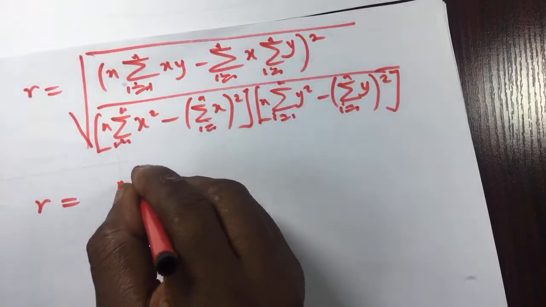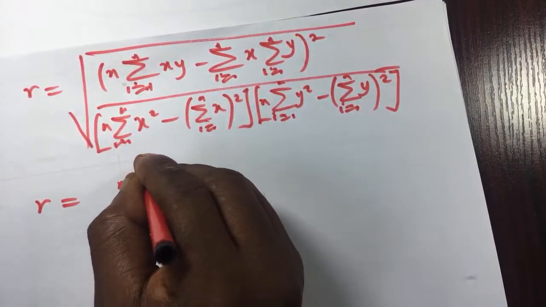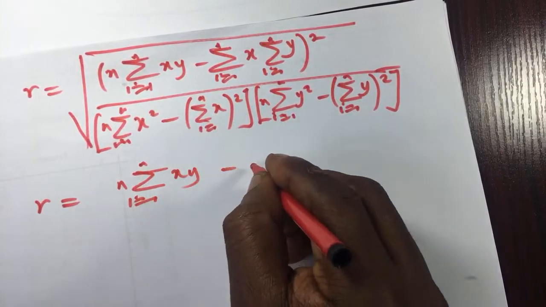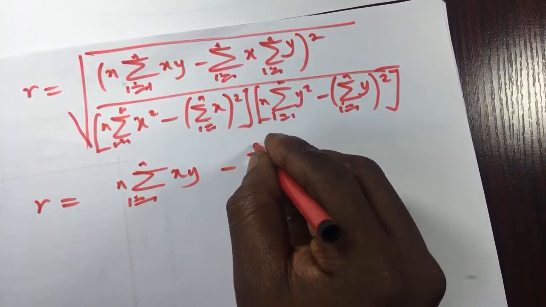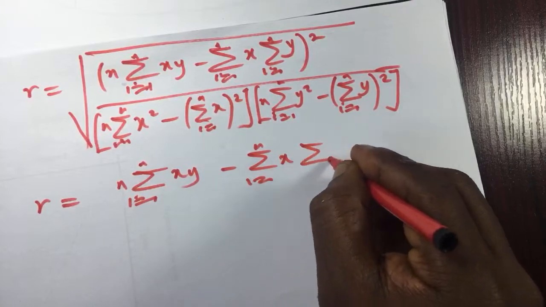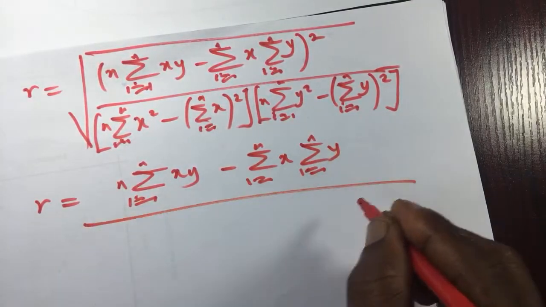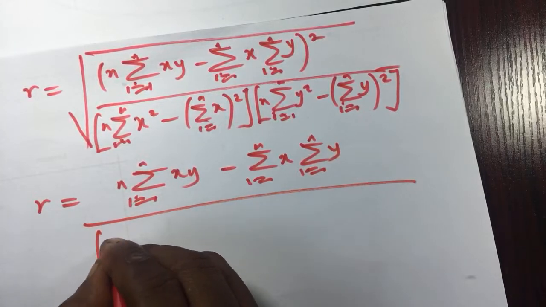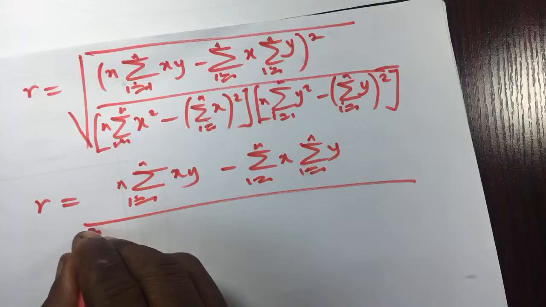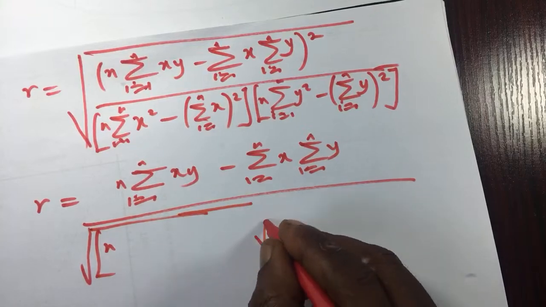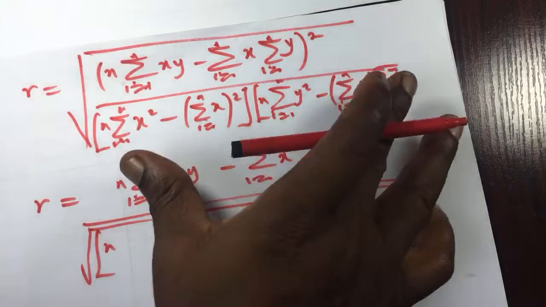And this will now be N summation from i equals 1 to N of xy minus summation from i equals 1 to N of x times summation from i equals 1 to N of y, all over this. And that is the square root of this times the square root of this. I'm decomposing the square root now.